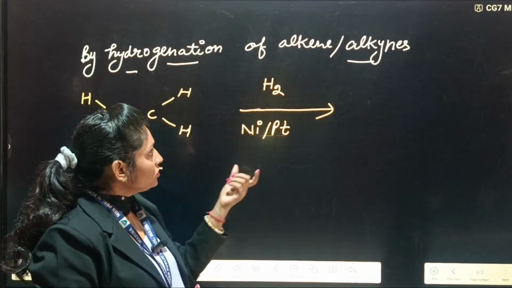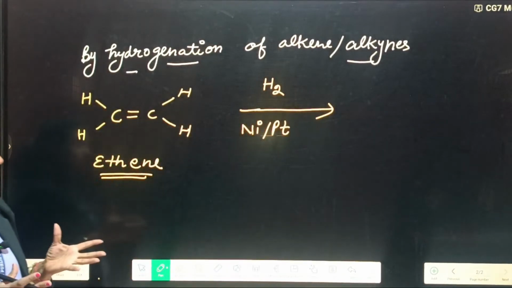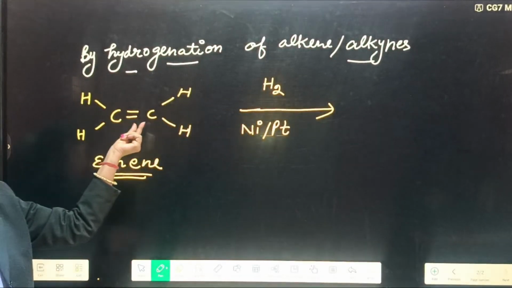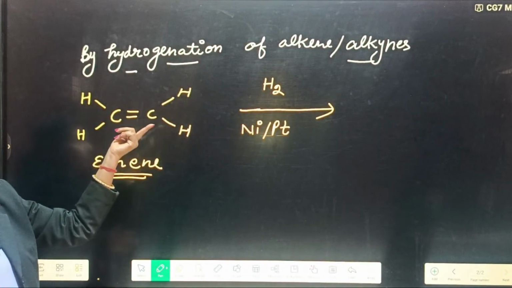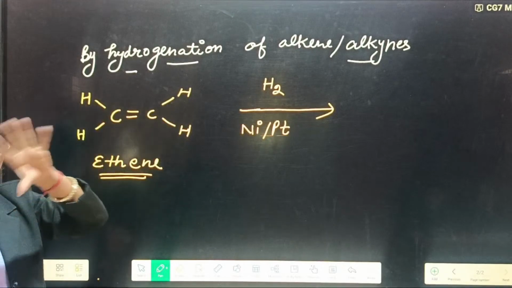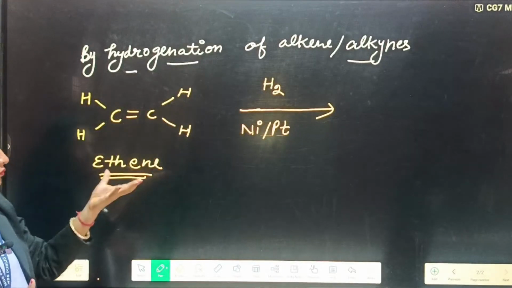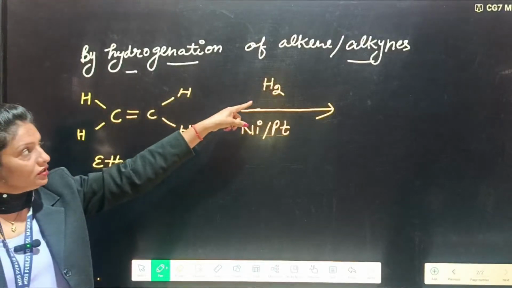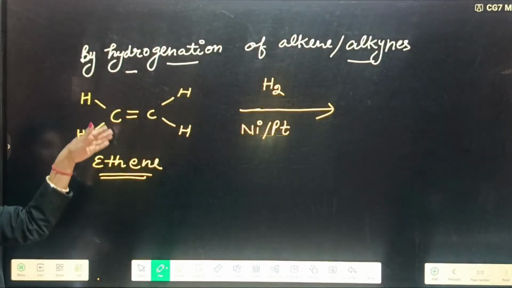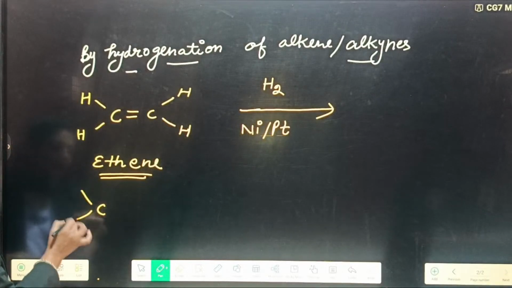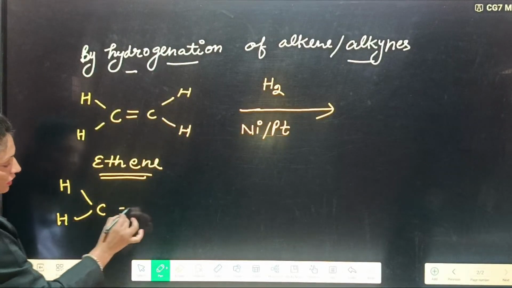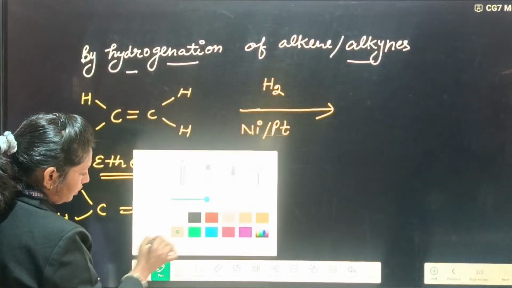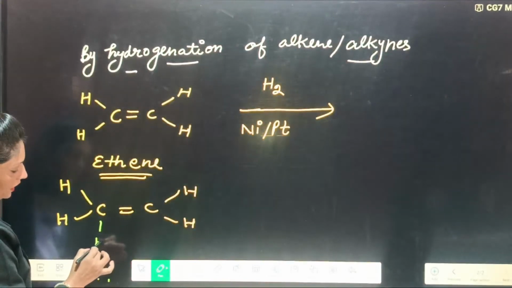Then students, what will happen? Very easily we want to add hydrogen here. So what will we do? Simply you can learn the reaction. First of all, you want to attach one hydrogen here.